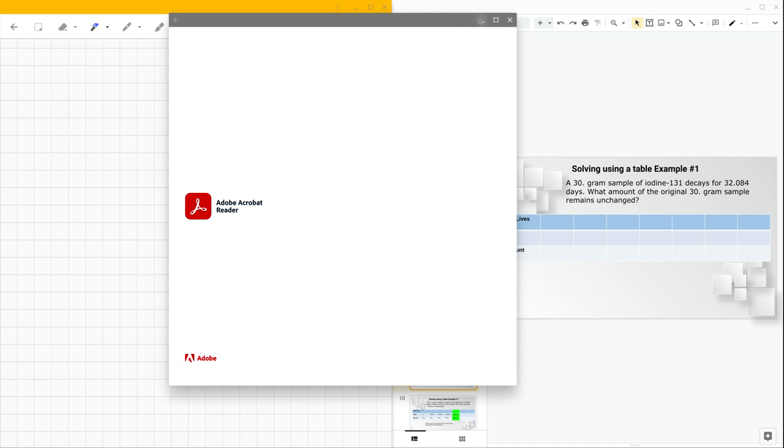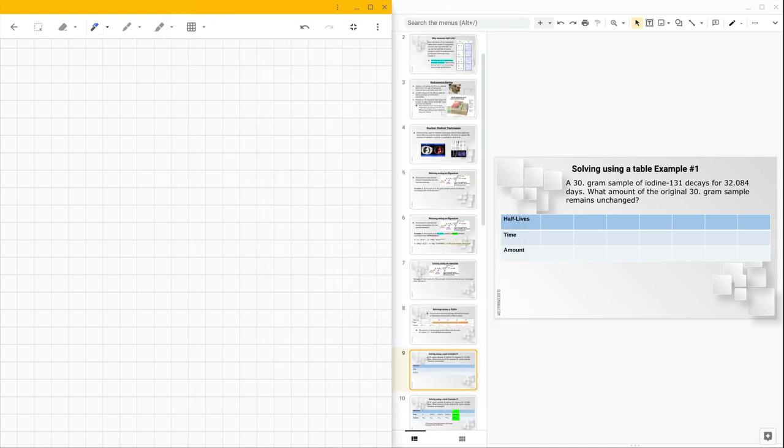So let's try a couple practice problems. This first one, they gave us a starting amount of 30 grams. They said the radioactive isotope is iodine 131, and they said that the age of the sample is 32.084 days.